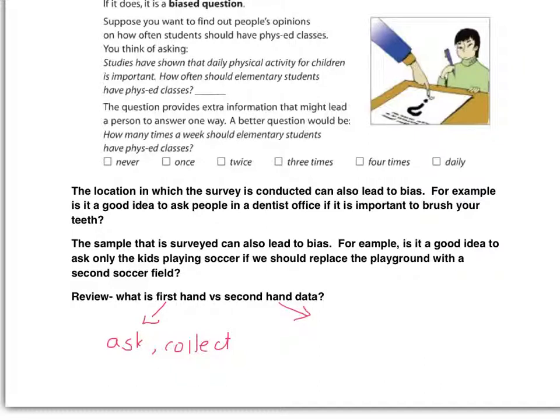Second-hand data is gotten from somewhere else. It could be that you've gotten the information from a website. It could be from a book. All of those kinds of things are second-hand data where you haven't gotten the actual information yourself. Perhaps it's a newspaper and so on.